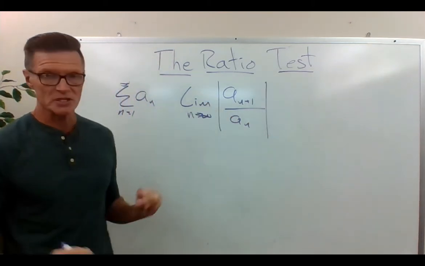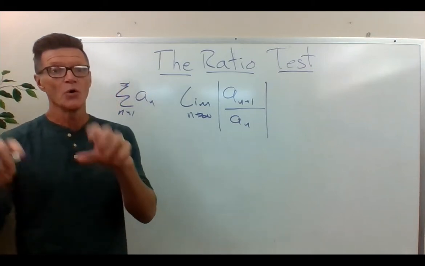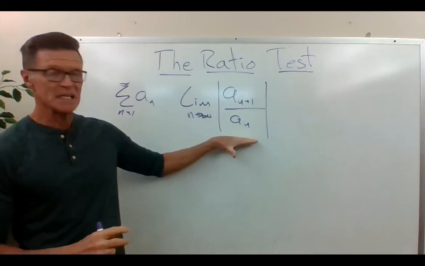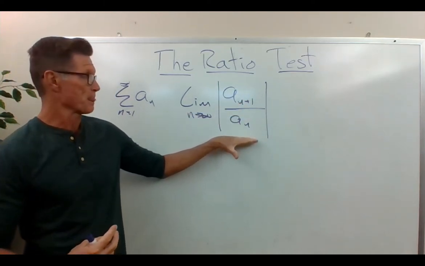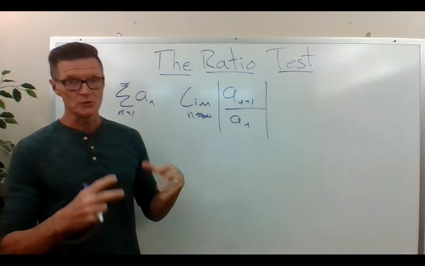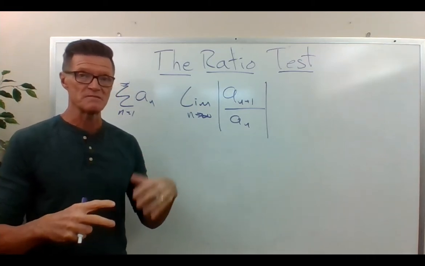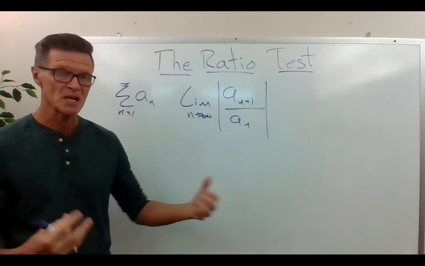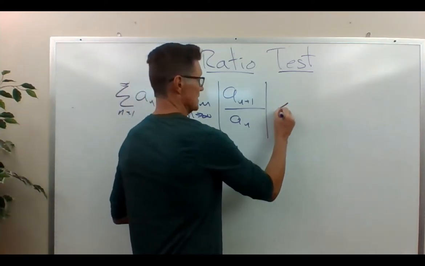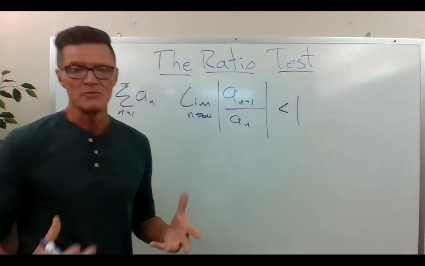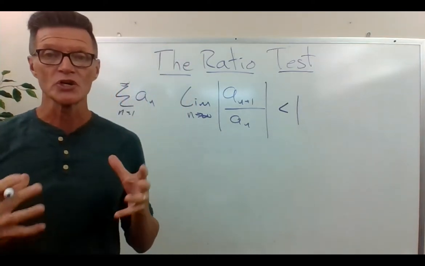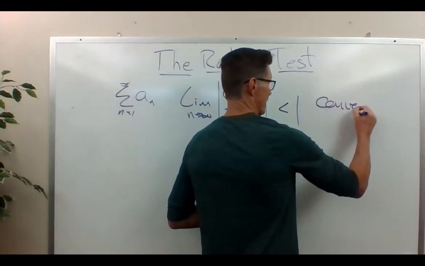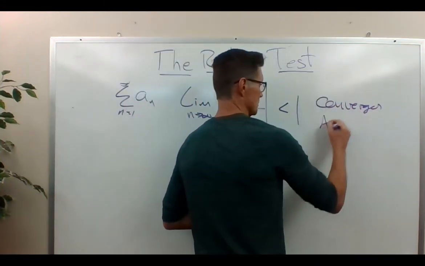Now a sub n plus 1 means we're adding 1 to every value of n, and then we are taking the absolute value of that. So the absolute value of the ratio of a sub n plus 1 divided by a sub n, taking the limit as n approaches infinity, if that is less than 1, then the series will converge absolutely.